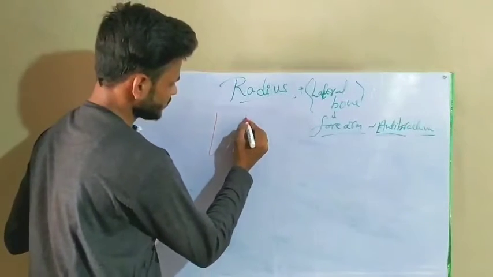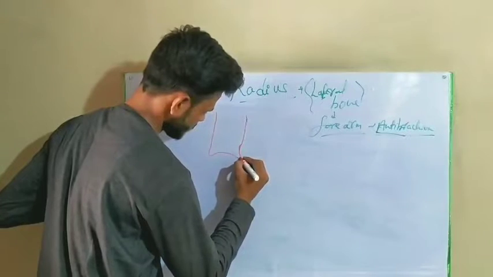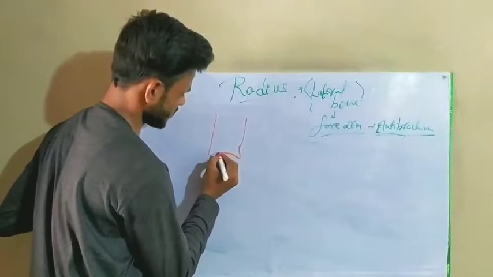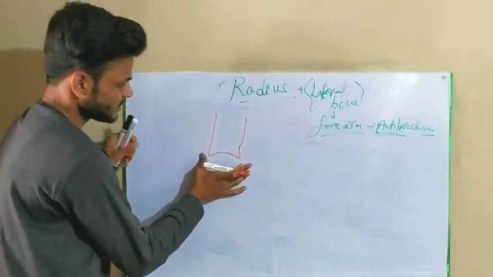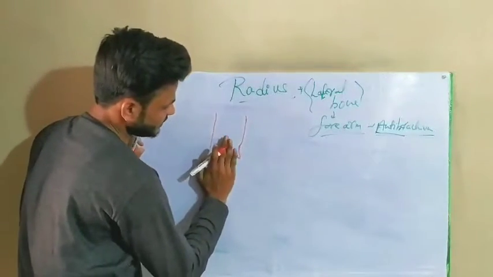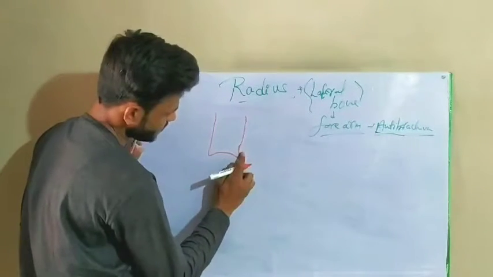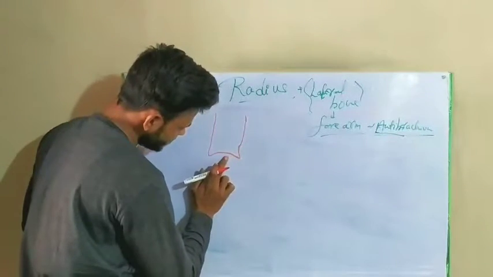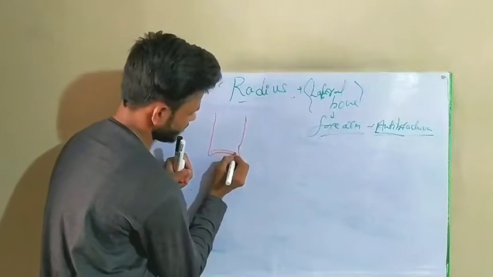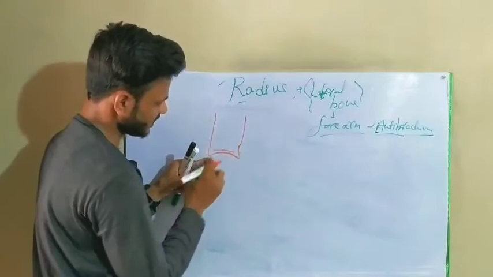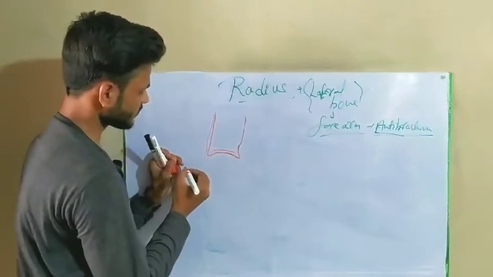The lower end of the radius has 5 surfaces. This is the anterior surface. This is the medial surface. This is the inferior surface. If we form a dotted line, this is the posterior surface. And this is the lateral surface.